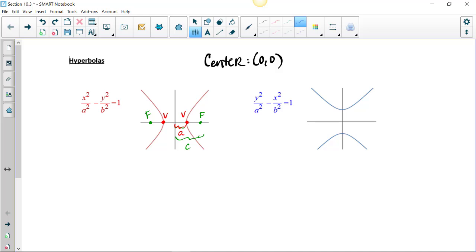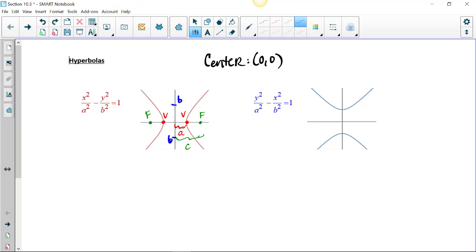What we use b for is to construct our rectangle. It gives us the other dimension of our rectangle that we can use to draw our asymptotes that help us draw accurate curves. Our asymptotes are the lines that our curves approach.